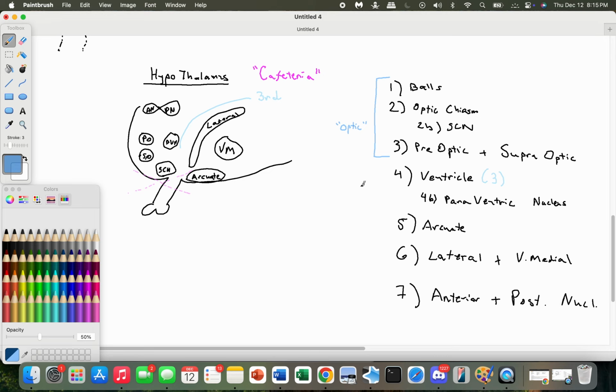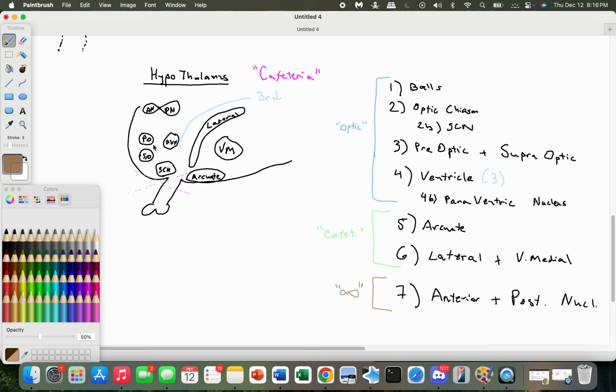So from the lateral all the way to the arcuate and ventromedial, that's going to be your cafeteria. I'm not going to write the whole thing out. Cafeteria. Okay, and our last group that I just represented as an infinity, anterior and posterior nuclei.